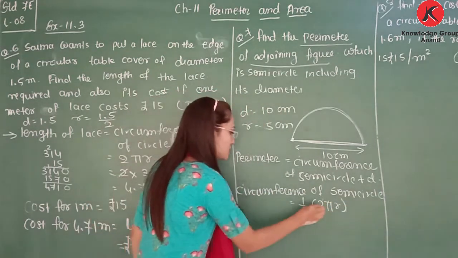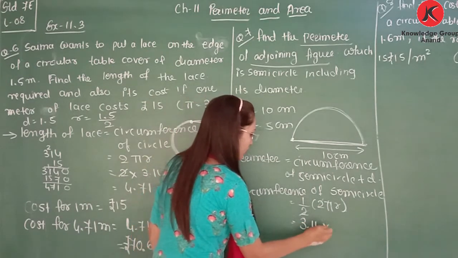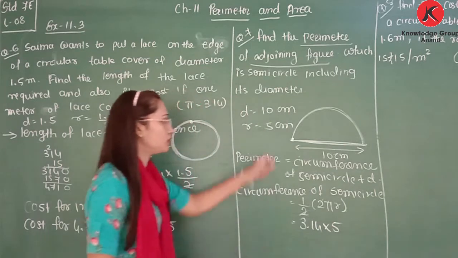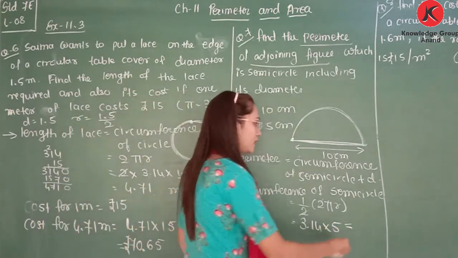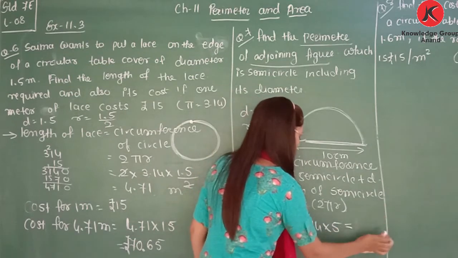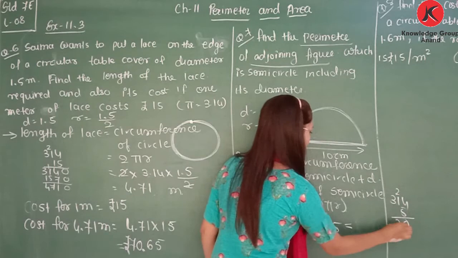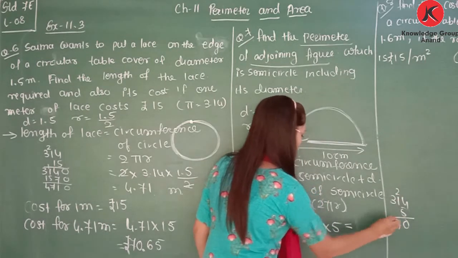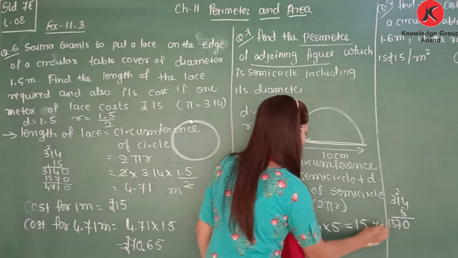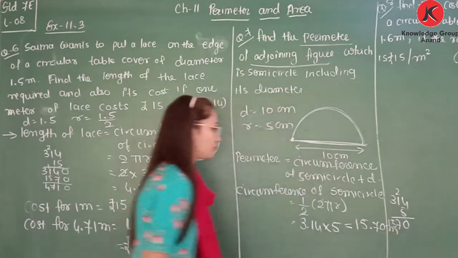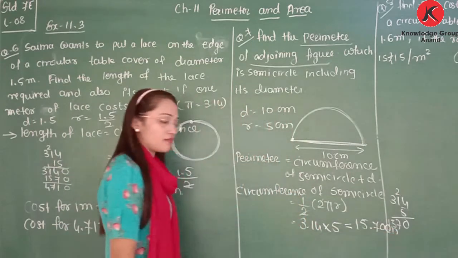Now 2 will be cancelled. Pi, let's take 3.14, and radius is 5. Here we found radius is 5. So if you multiply this, you will get 15.70 centimeter.